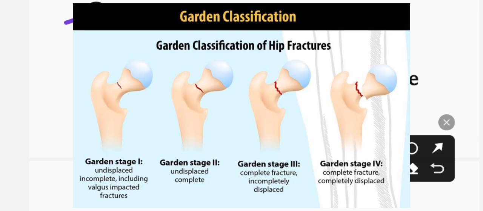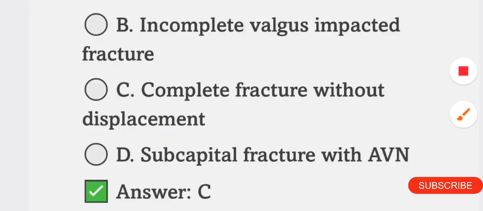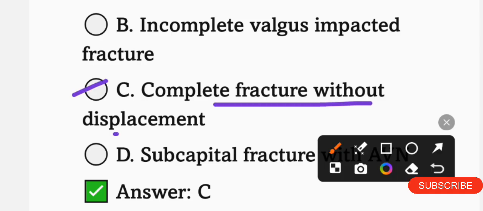Type 1 is incomplete, valgus impacted, and type 2 is a complete but undisplaced fracture. So option C is the correct option: complete fracture without displacement. Type 3 is a complete fracture with partial displacement, and type 4 is complete with full displacement. So remember these points. Garden type 2 fracture is complete but alignment is still maintained. So option C is the correct option.